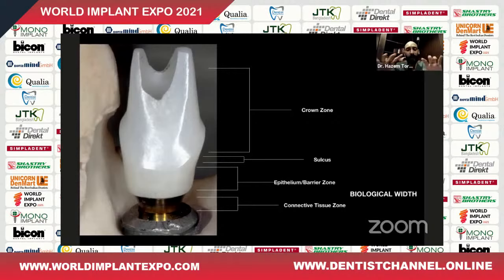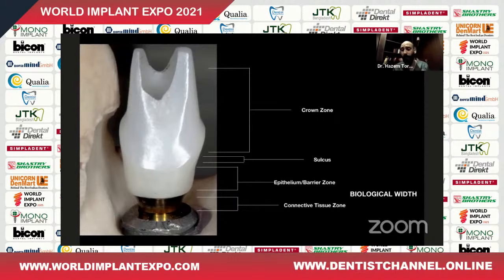Now, we do not want the epithelial zone and the connective tissue zone anywhere near the implant shoulder, because sometimes companies propose laser-treated surfaces or polished surfaces for providing better tissue adhesion, but we do not want tissue on the implant.